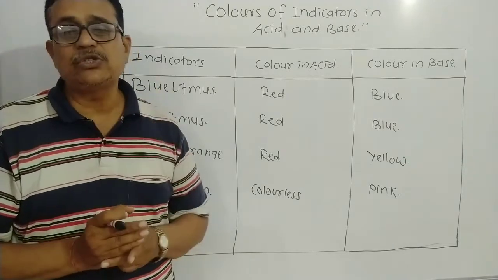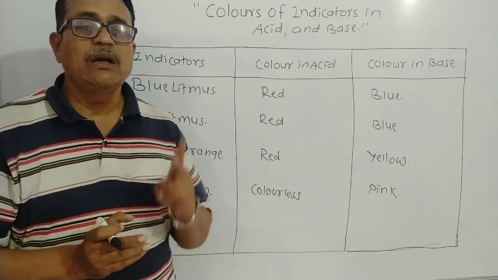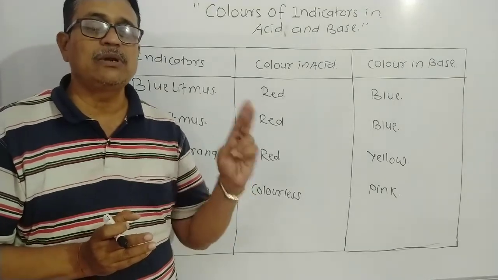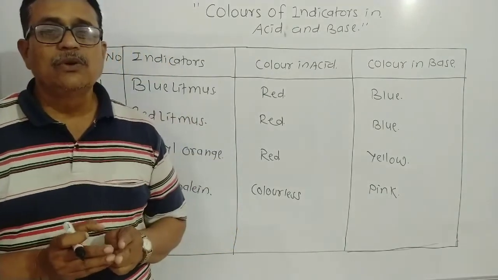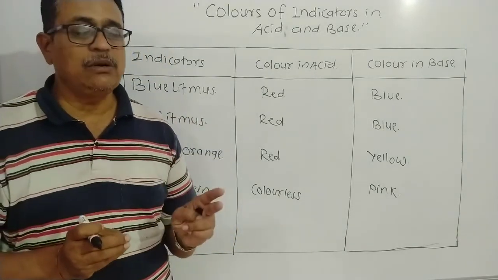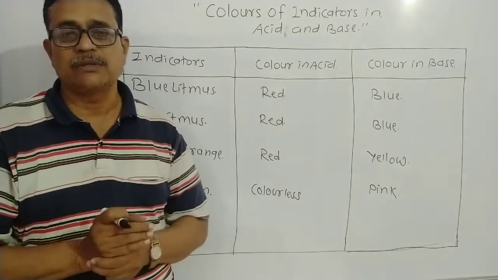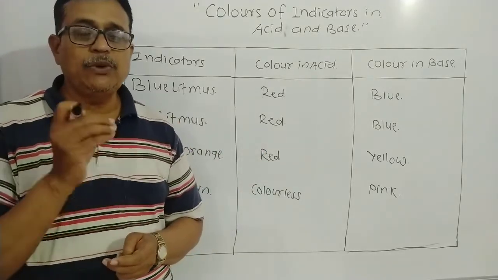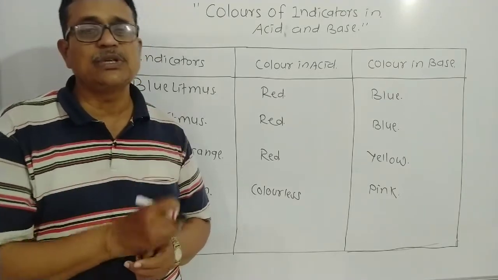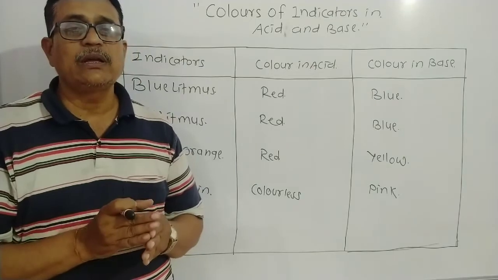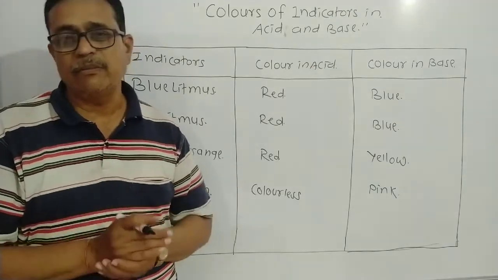There are two test tubes. In one test tube there is a solution of acid, and in another test tube a solution of base. We test both solutions with both blue litmus and red litmus. If we put blue litmus in both test tubes, it changes color in acid and remains the same in base.